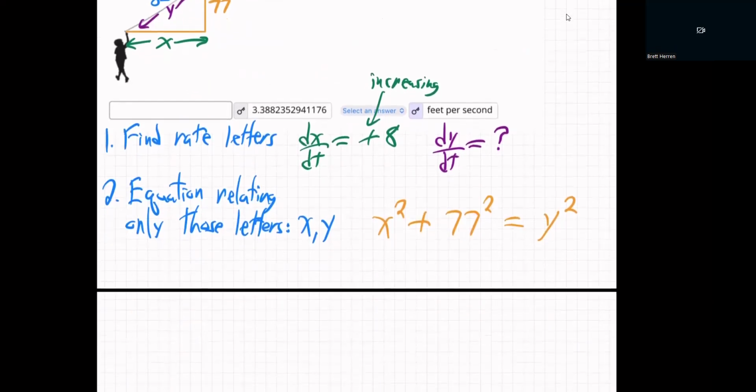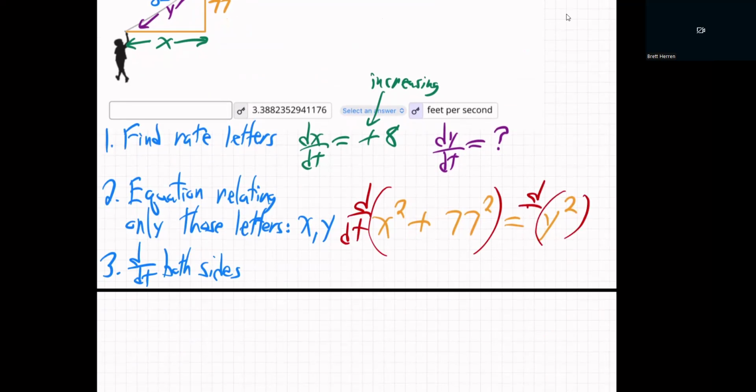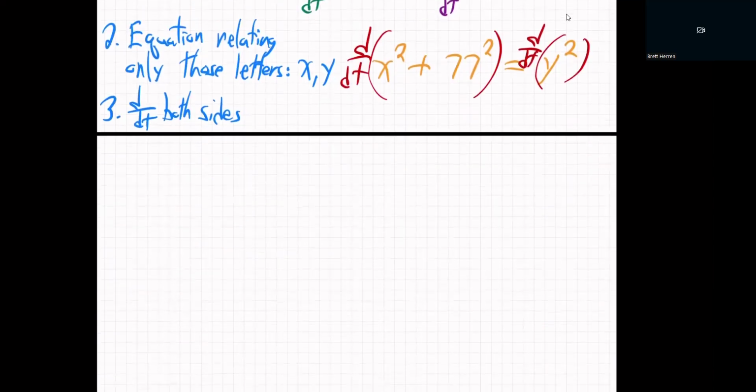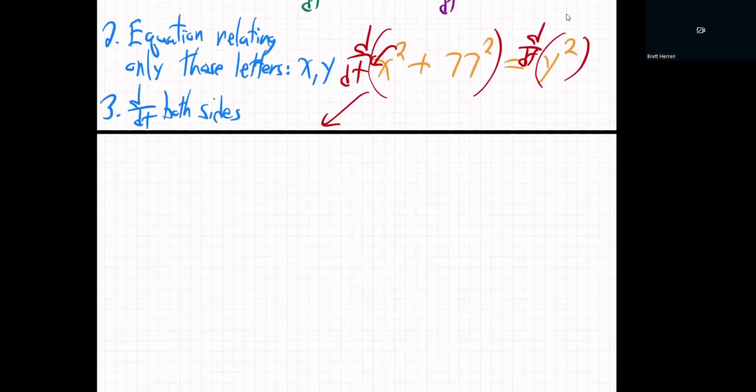So there we go. Step three. There's an equation. It has only X and Y, no other letters, and then it has the number. And then you know the deal: d/dt of both sides, the derivative with respect to time. Bring down the 2. We're going to get 2x dx/dt plus 0, because 77 squared is just a number.